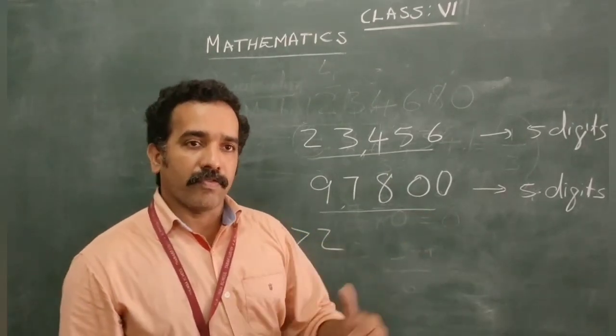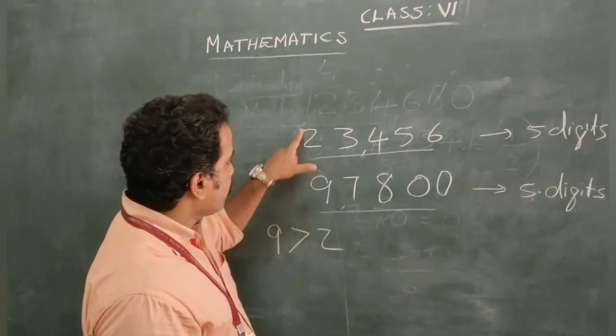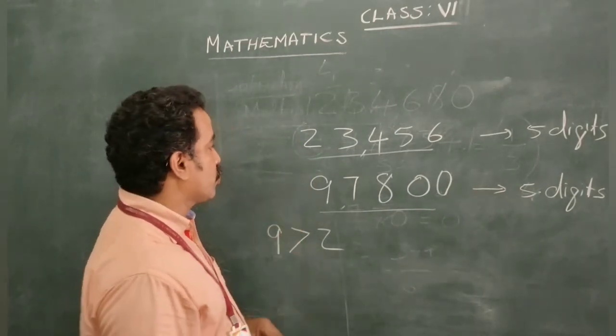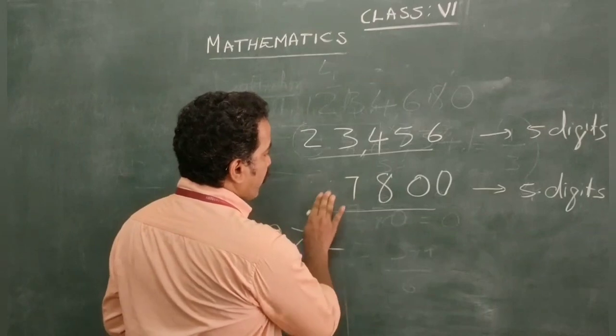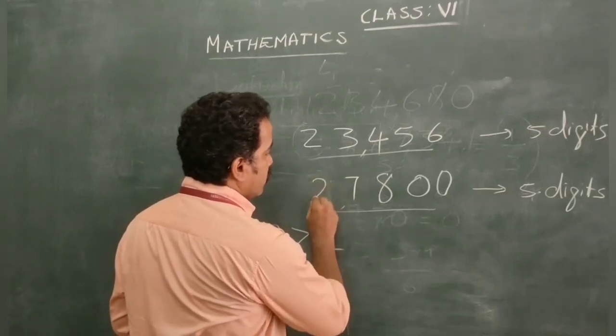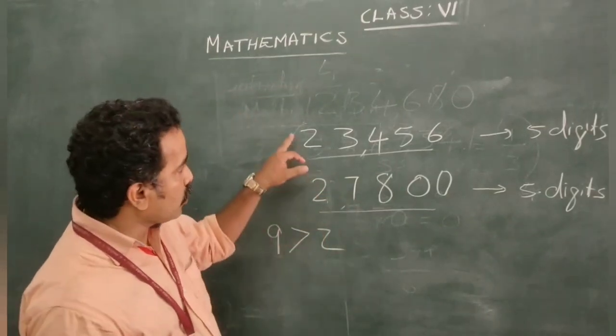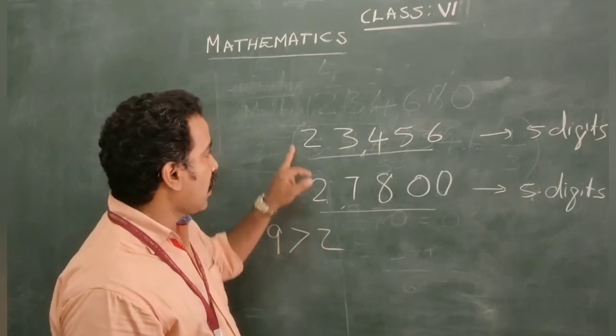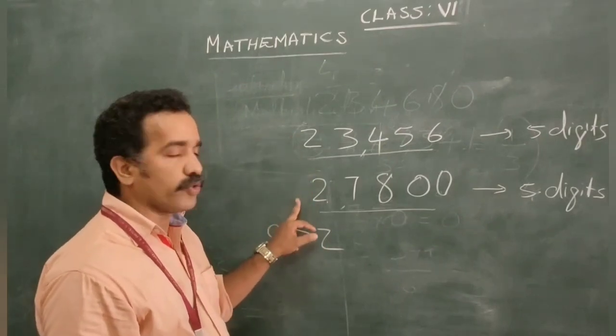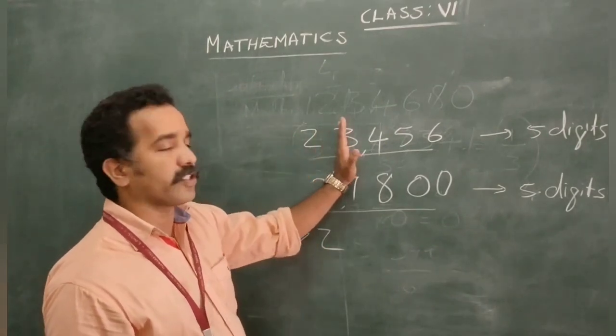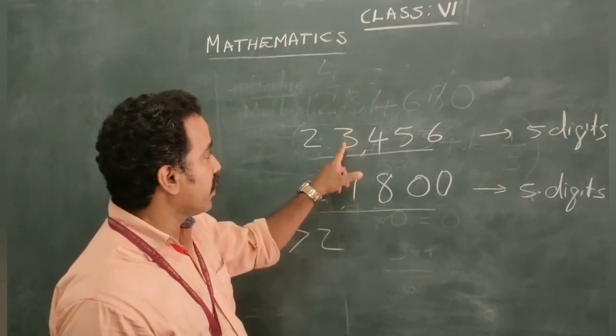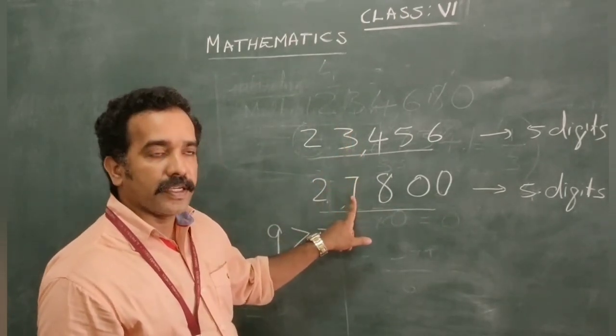Now again, one more case. If the highest place is also the same, suppose instead of 9 it is 2, so both highest places have the same digit, 2 is equal to 2. Then check the next place. Here it is 3 and here it is 7.